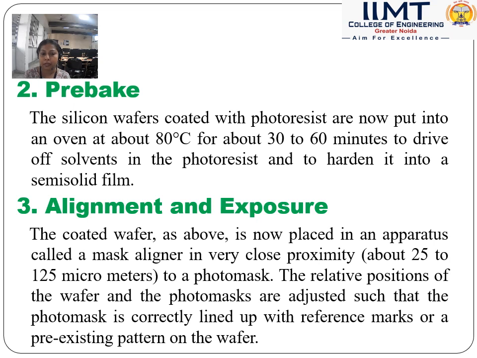Then the third one, which I'm also explaining through the diagram, is alignment and exposure. That is the main part of the lithography technique, because depending on the alignment angle, the area of selection for patterning is obtained.